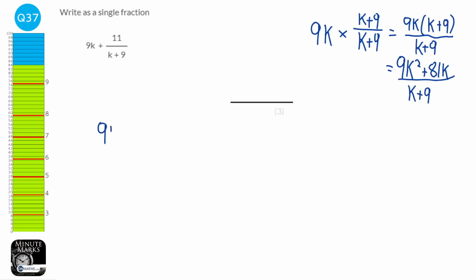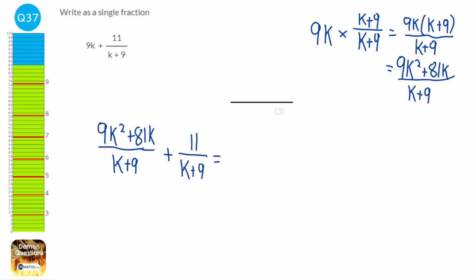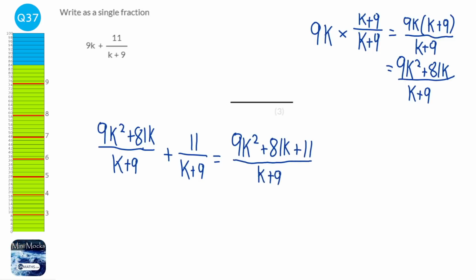And so we've got 9k squared plus 81k over k plus 9, plus 11 over k plus 9. And whenever we're in this situation here, we just add the numerators. So it's going to be 9k squared plus 81k plus 11, and all of that over k plus 9. And that will be our answer.